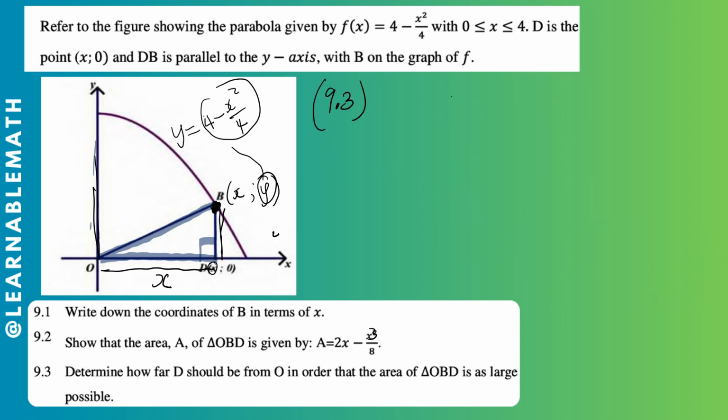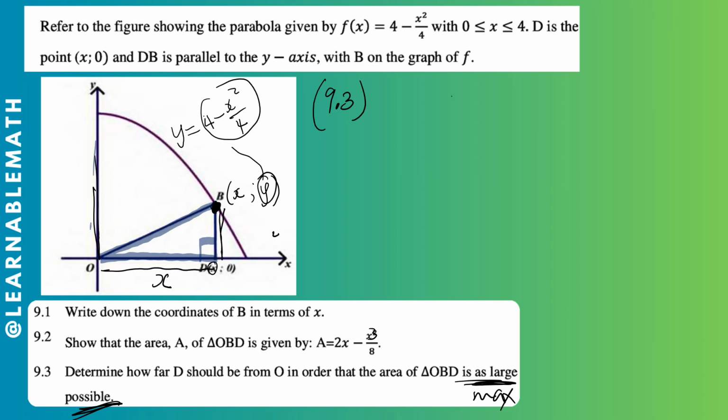Okay, 9.3, it says determine how far D should be from O in order that the area of triangle OBD is as large as possible, right? So this means that we need to find where to put D such that we will be able to create the maximum area. Okay, this is about maximization now.